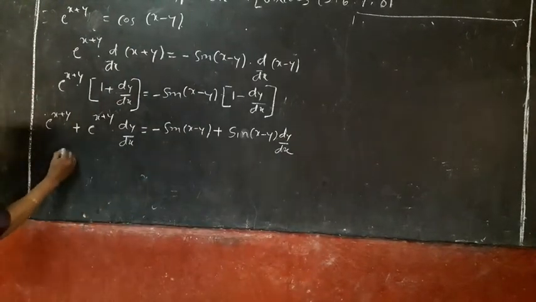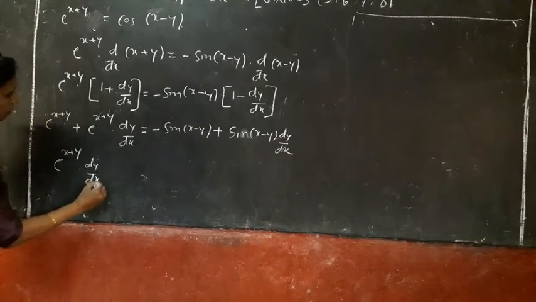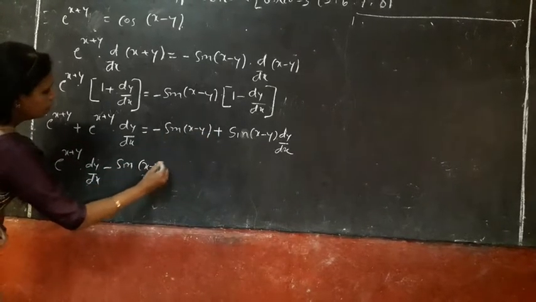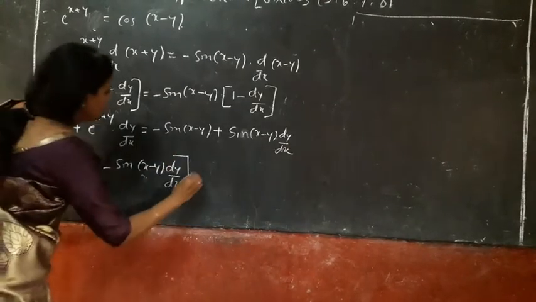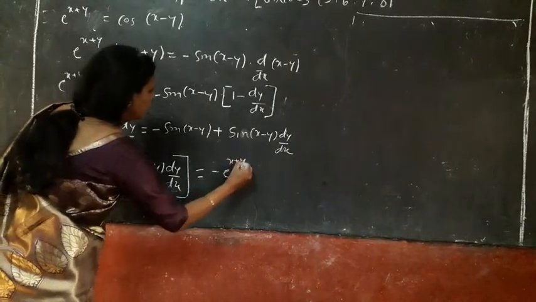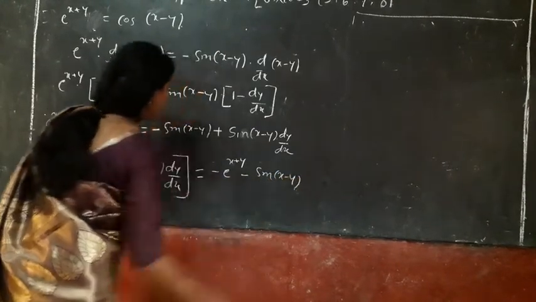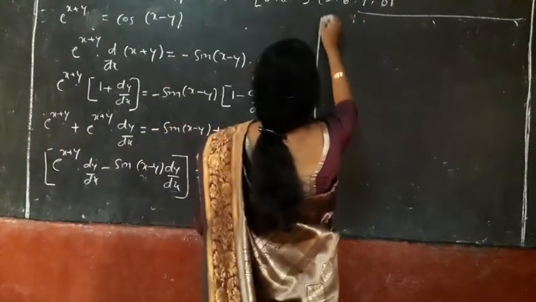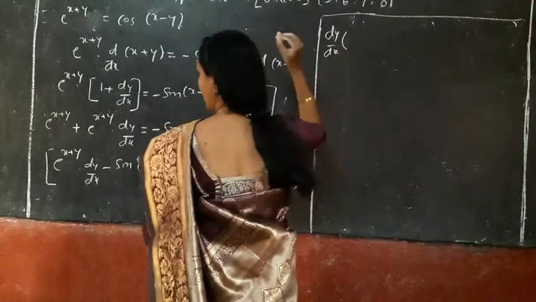See here, e raised to x plus y into dy upon dx, this becomes minus sin of x minus y dy upon dx. This is equal to, transfer this minus e raised to x plus y minus sin of x minus y.